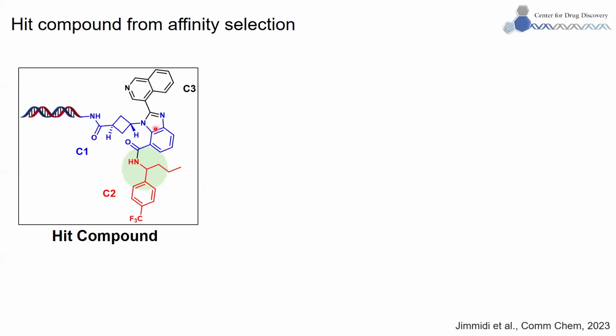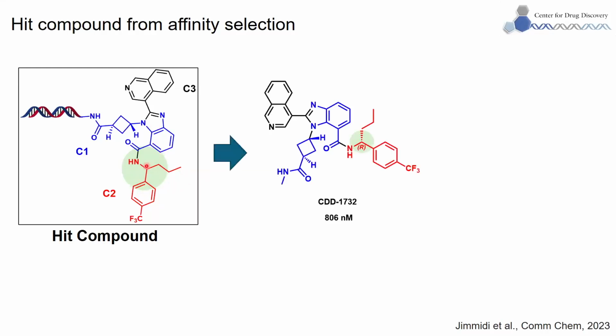The first thing we observed is a chiral center in the molecule, so let's synthesize both isomers. We synthesized 1732, having an odd configuration at this center, which is around 800 nanomolar. That's not bad, right after the DEL selection, without any follow-up medchem work.